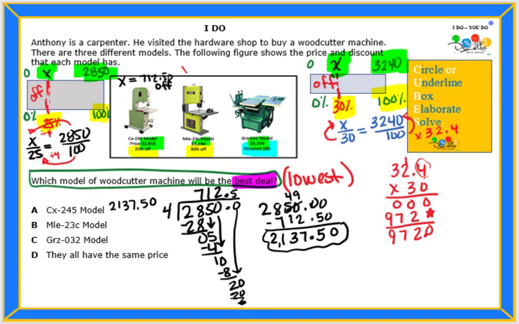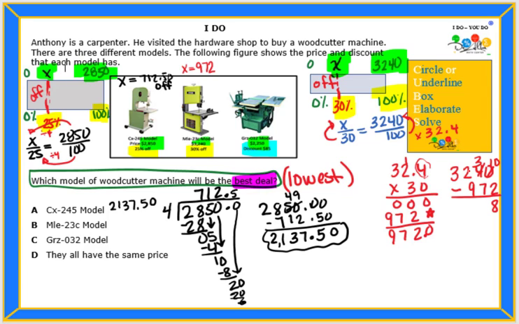So for this one, x equals $972. But that's not the price. Remember, that's the discount. That's how much we're going to get off. So the total price at 100% was $3,240. So 3,240 minus the 30% discount, which came out to $972. Looks like we're going to have to borrow so that we can regroup. 10 minus 2 is 8.